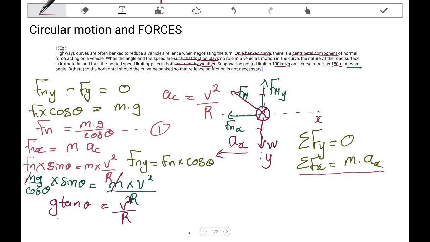After that I can divide both sides by g, and then I will have tan of theta is equal to v squared over rg.